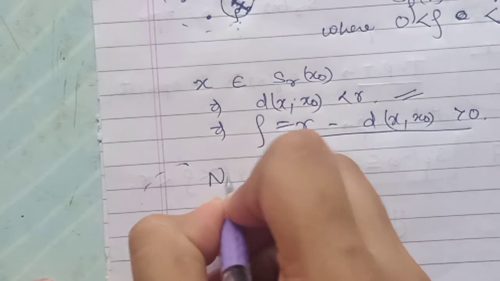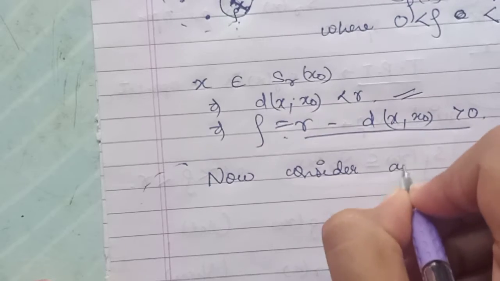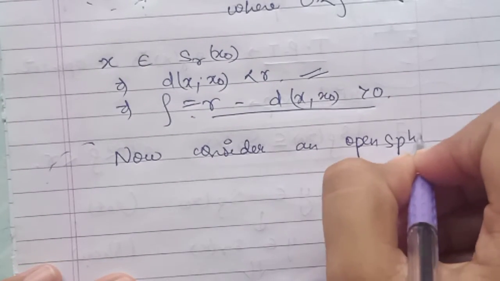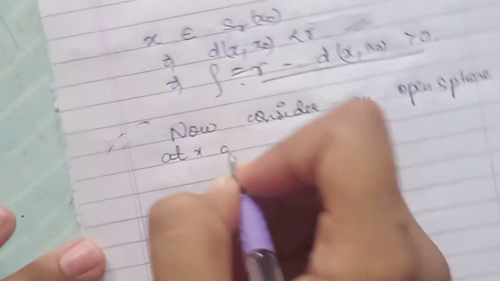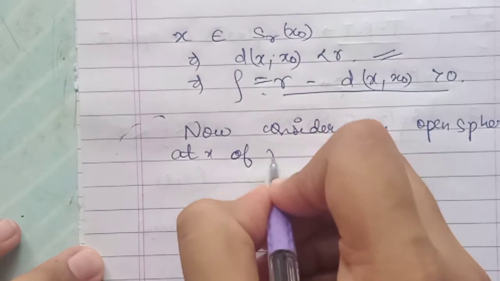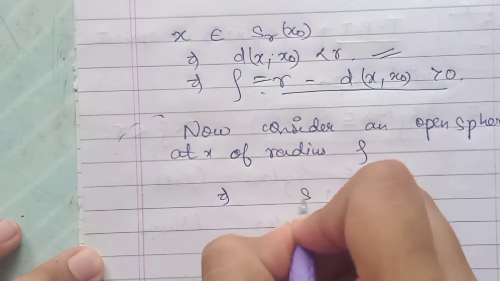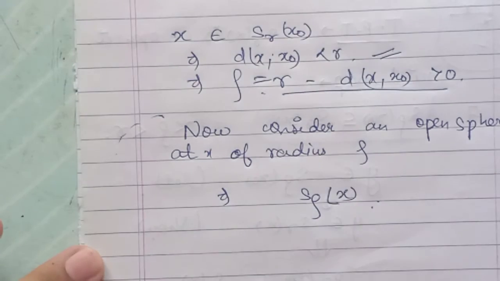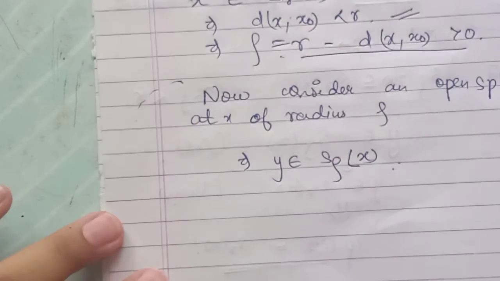Now consider an open sphere centered at X of radius rho. That implies S_rho(X). We are talking about this open sphere. And suppose Y is an element of S_rho(X).